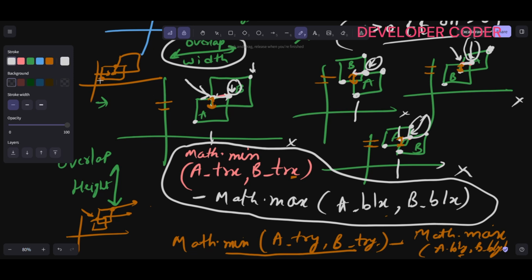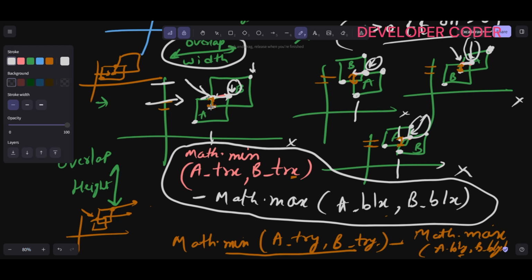Now if you want to check this diagram, you can find out easily. A top right y is this, and b top right y is this. Among them you have to pick the minimum, so that means you selected this point. Then from this you subtract what? A bottom left y, this, and b bottom left y, this.